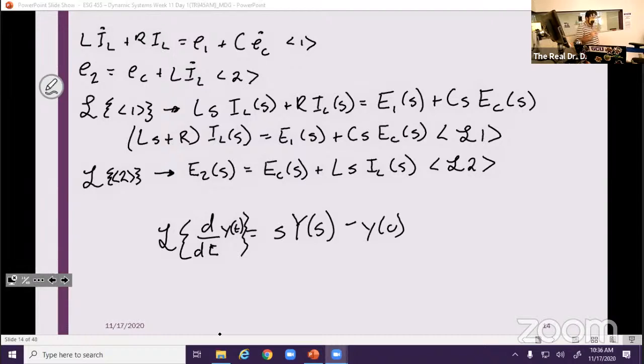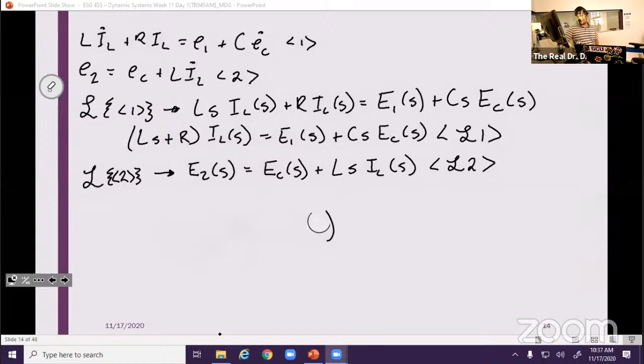That's the definition for the first derivative. But in our case, because our initial conditions are 0, we just get s. This is why we end up with L s I_L(s), because there's one derivative. It's a single derivative. Okay.